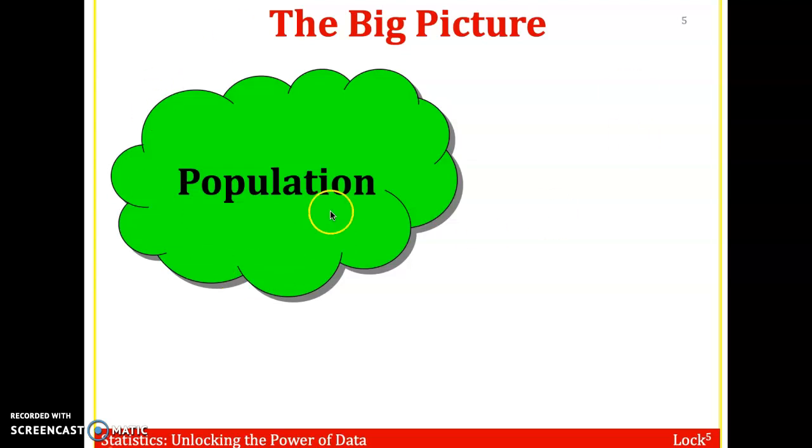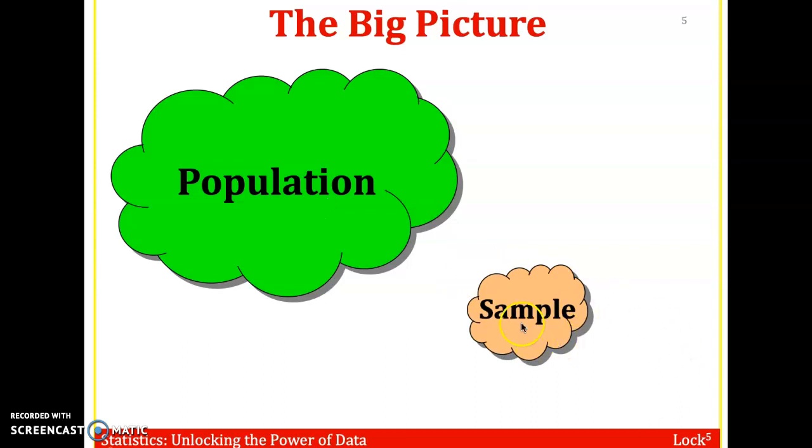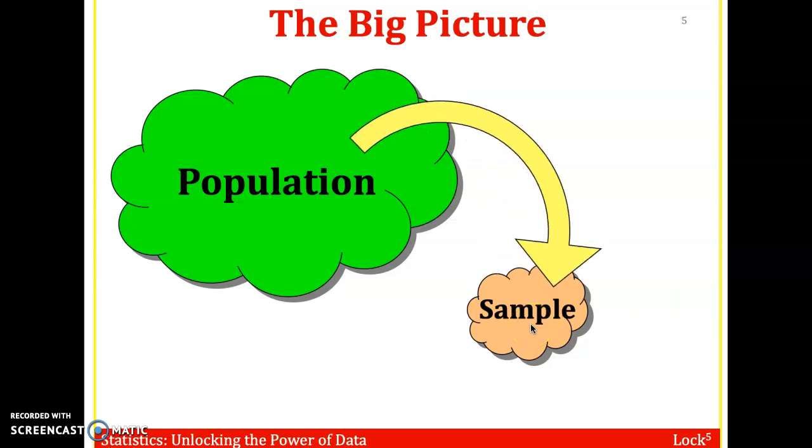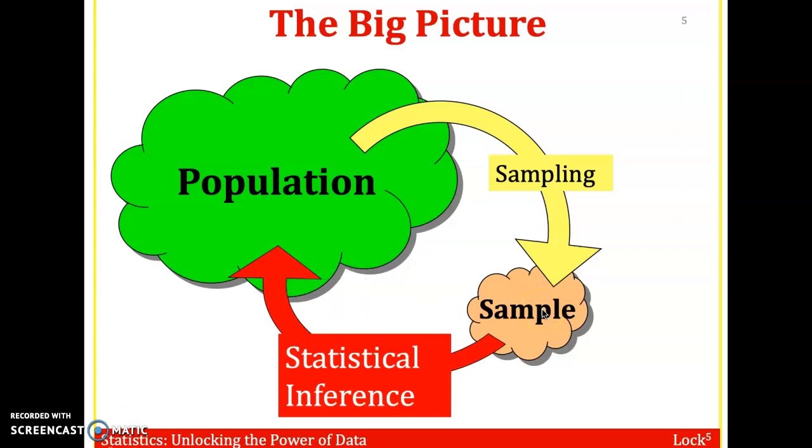Population is changing. So I think of it like a cloud. It's big and it's changing. It's not exact. Whereas we're going to take a sample from this cloud. This sample is going to be much, much smaller, and it's something we could analyze. We can get information on. So we take a population, get a very small sample, and statistical inference is then, from the small sample, what can we then say about this entire population?